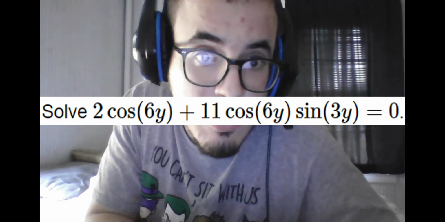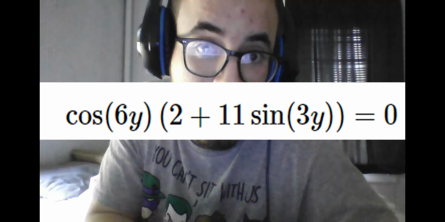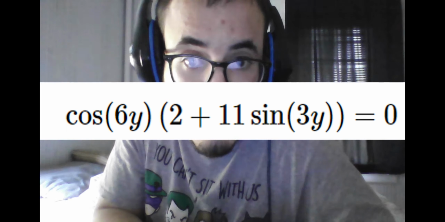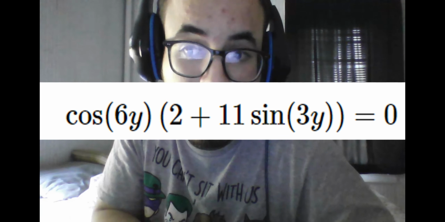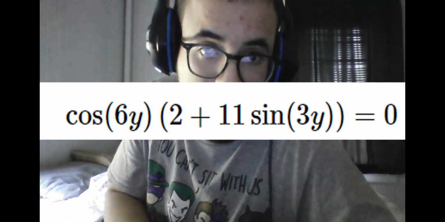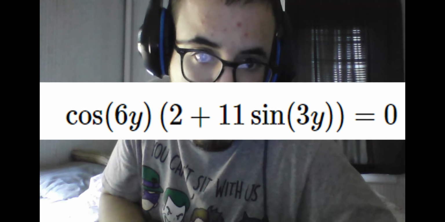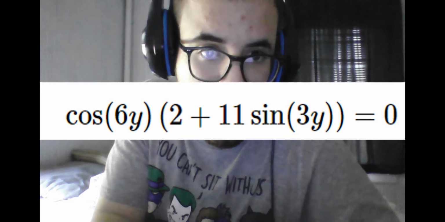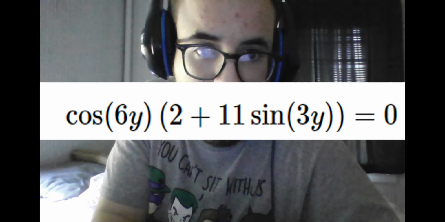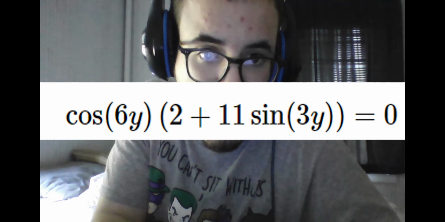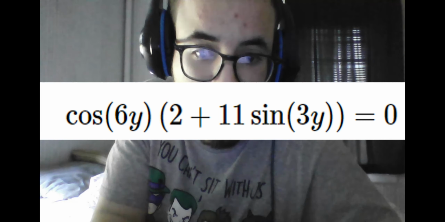So this means the cosine of 6 times y equals 0, or 2 plus 11 times the sine of 3y equals 0, as we factor out cosine of 6 times y from both terms, and then use the property of a product of 0 must have at least one factor equal to 0.